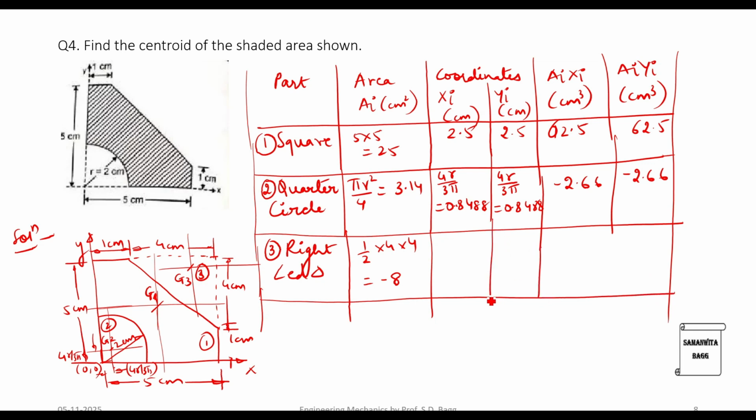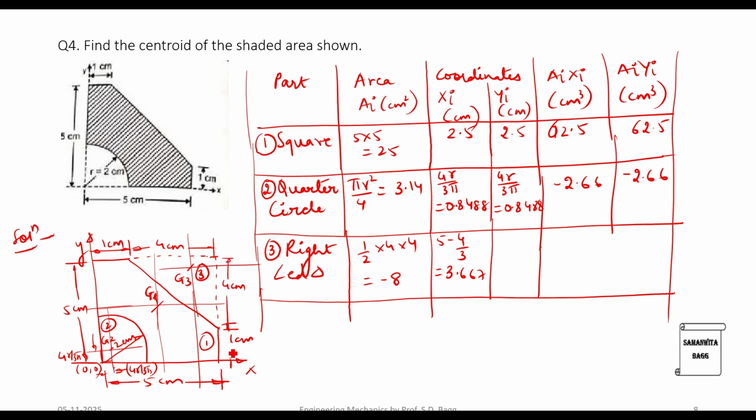Next we have x3. This gap is 1/3 and total length is 5. So from this position, this distance is going to be 5 minus 1/3 of 4. So this value turns out to be 3.667.